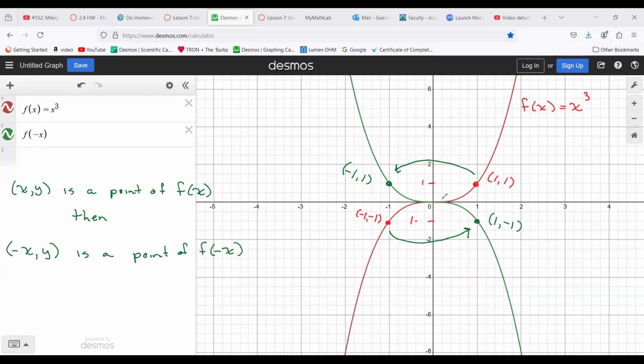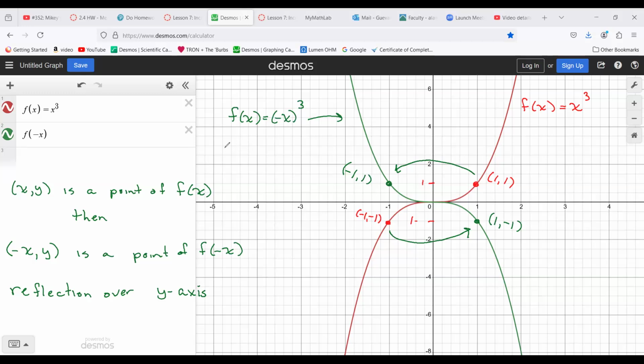And what we see is that this is the y-axis, reflect over y. And once again, this function over here would be f(-x), negative x cubed.